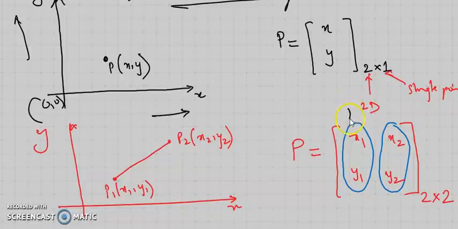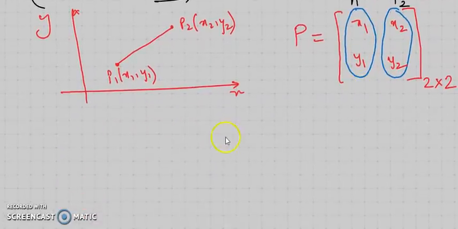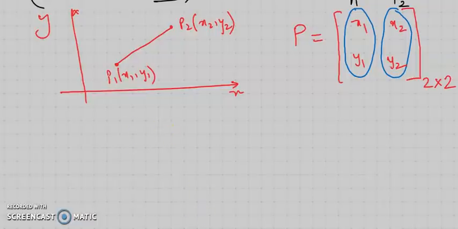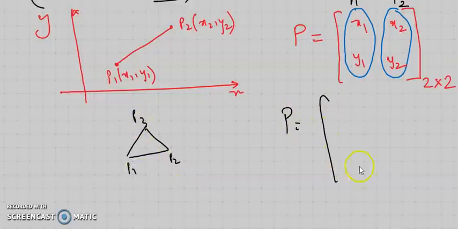So this goes in for P1 and this goes in for P2. 2 rows because 2D coordinate system, 2 columns because there are 2 points in my line, P1 and P2. So how am I going to proceed for a triangle? If there is a triangle with P1, P2 and P3, my P matrix will comprise of 2 rows and how many columns? 3 columns. One for P1, second for P2 and third for P3.